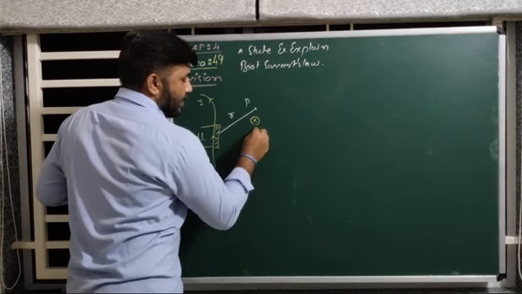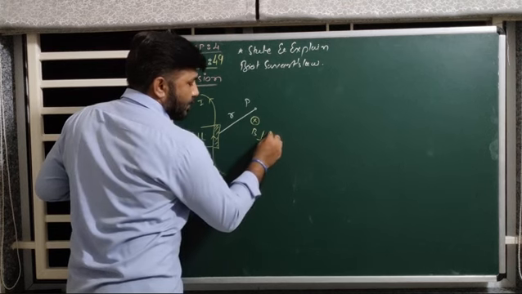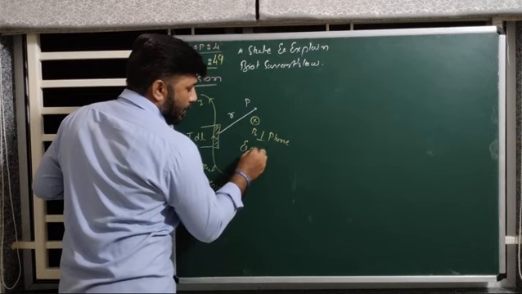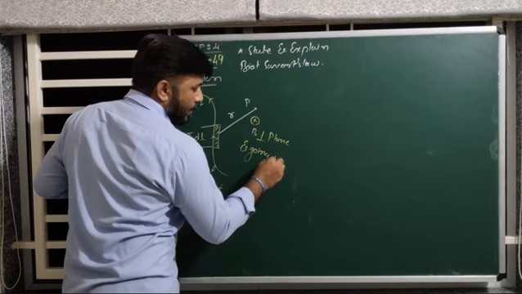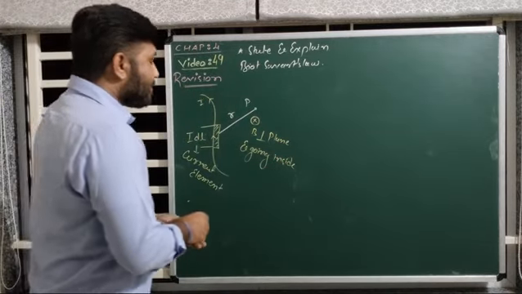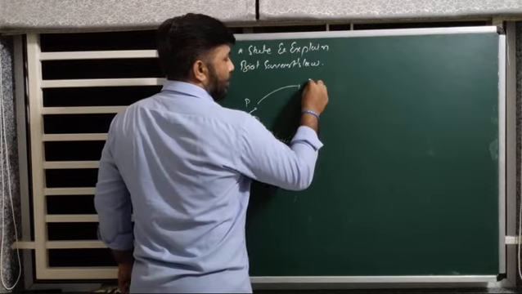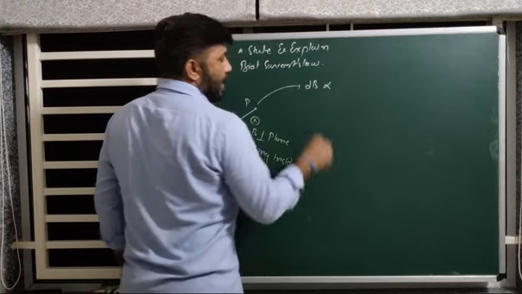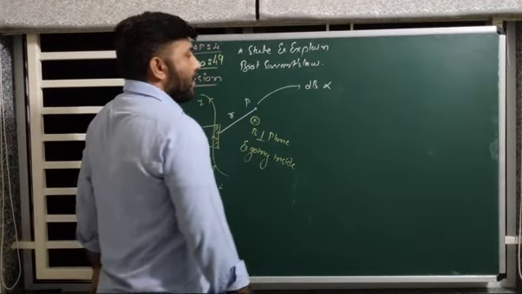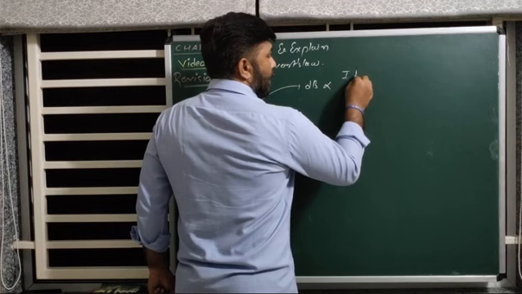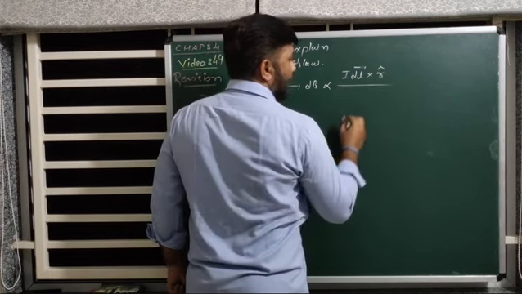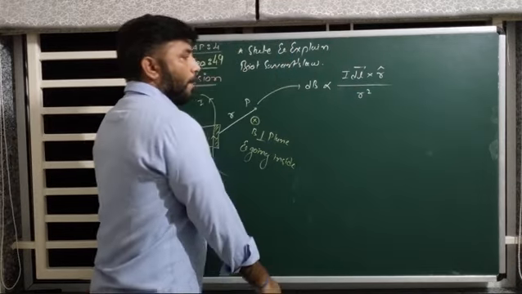So this is the magnetic field which is perpendicular to the plane and going inside. Right? So at this point, magnetic field dB, as per our new textbook, is directly proportional to I dl cross r caret upon r square. Okay.